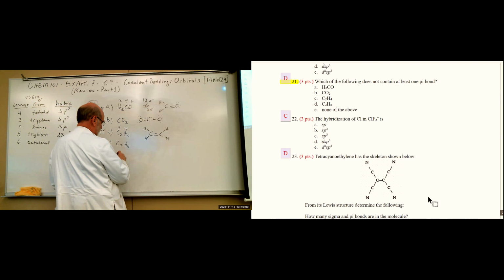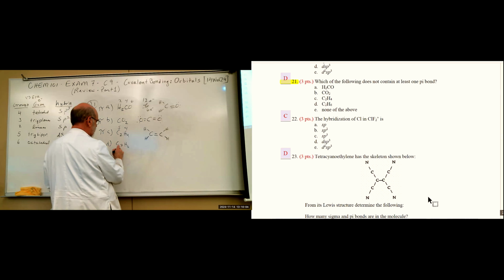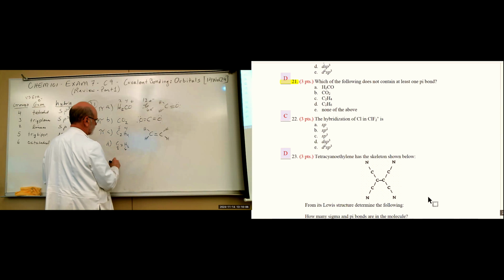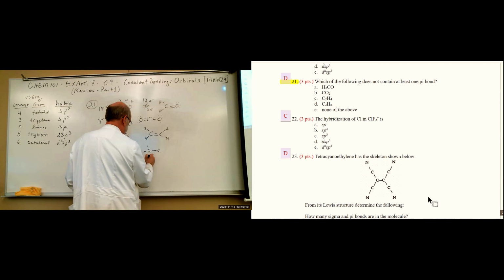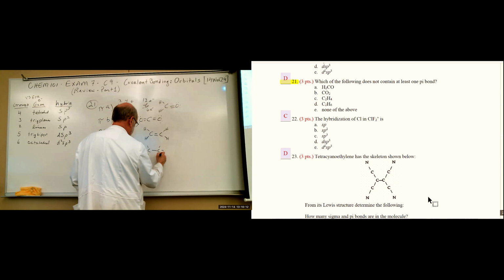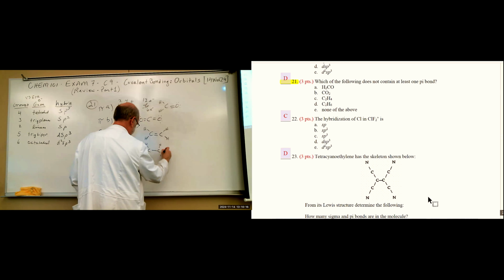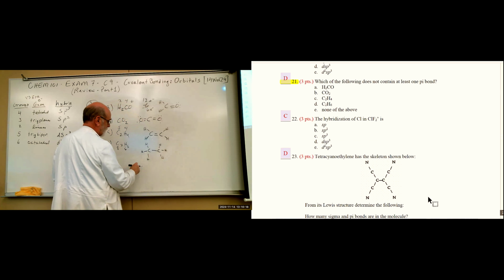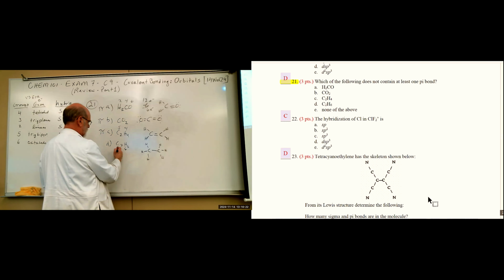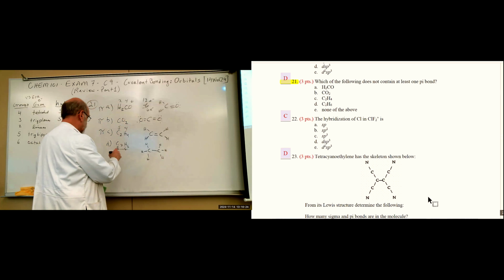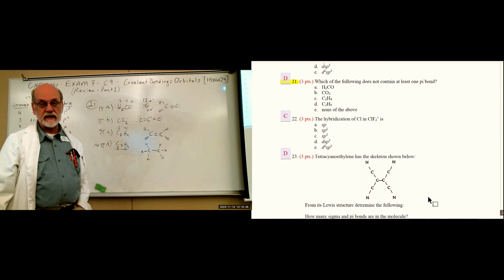Okay. So this one also has 8, but it has 6 here. So that's 14. Carbon, carbon, and 3 hydrogens each. Okay. 2, 4, 6, 8, 10, 12, 14. That's it. So this one has no pi bond. There's your answer. B.